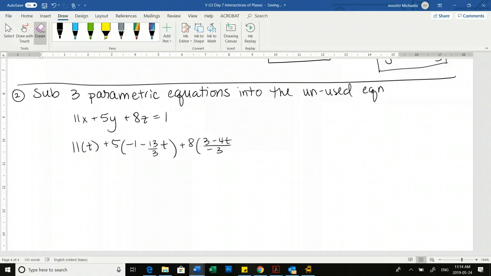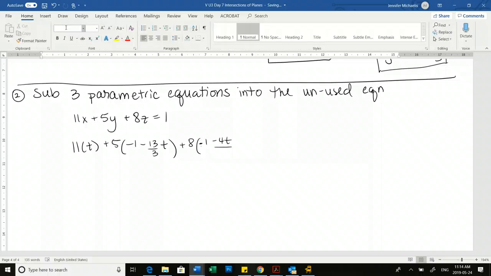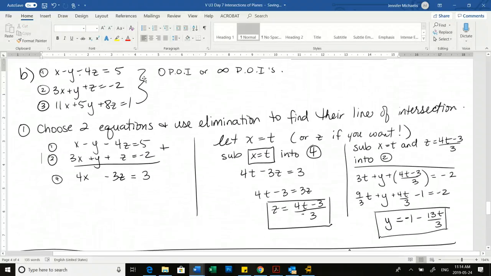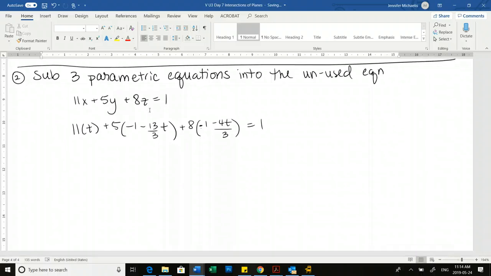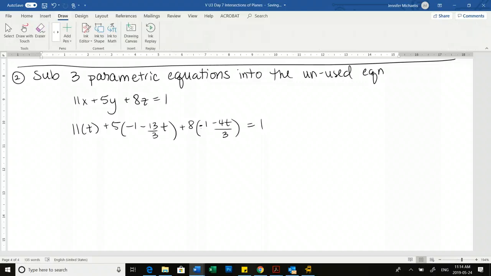I guess I can separate this out as well. Maybe we'll do -1 here. Was that a -3? Oh no, that was +3. Okay. All right, so actually, I guess the easier thing here to do is just to leave them and then multiply through everything.